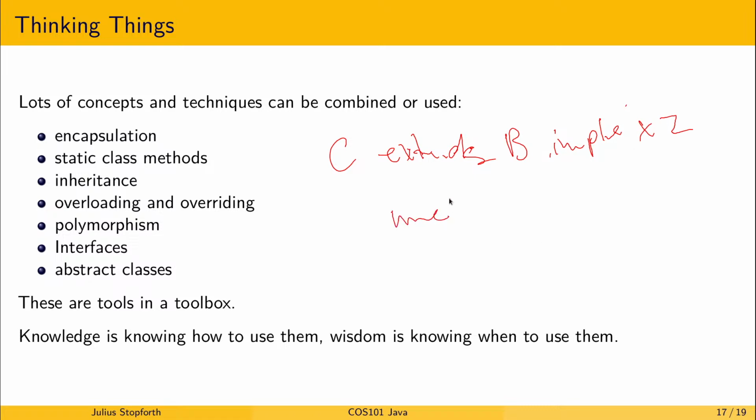You might have a method, and that method can be overridden. You can have that method overloaded. So these are all just tools. It might sound very complicated, but all of these are tools to help us write really complex systems in a manageable and common sense or logical way.